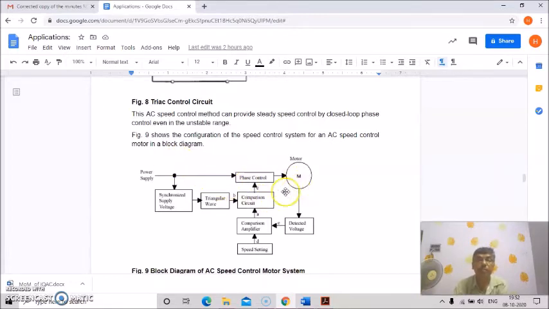So this is the motor, this is the power supply, this is the synchronized supply voltage, then the triangular wave, this is the comparison unit, this is the phase control unit. This is the detected voltage of the motor, this is the speed setting. Then the comparison circuit, then phase control, and this is the block diagram of the AC speed control motor system.